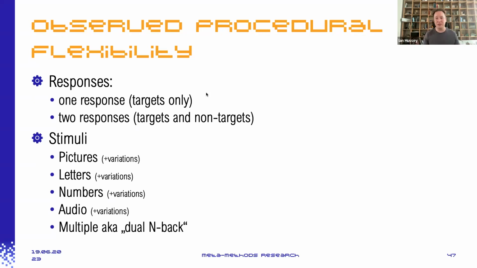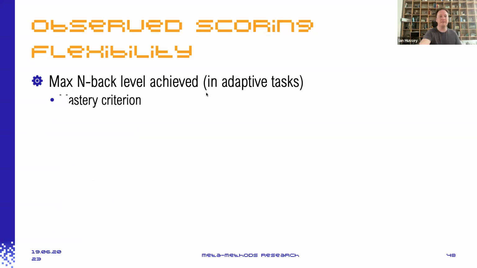So sometimes these are presented visually on screen, sometimes they're read out loud. There are also single and dual N-back tasks where more than one modality might be presented to participants at the same time, and participants have to respond to whether it's presented on either mode, N trials back.